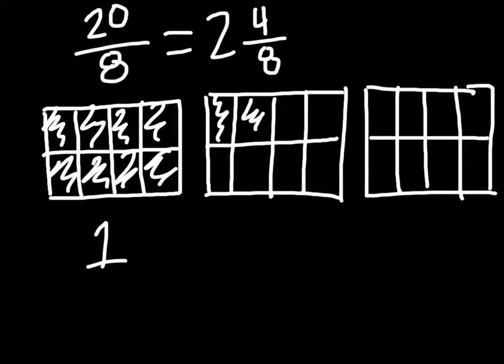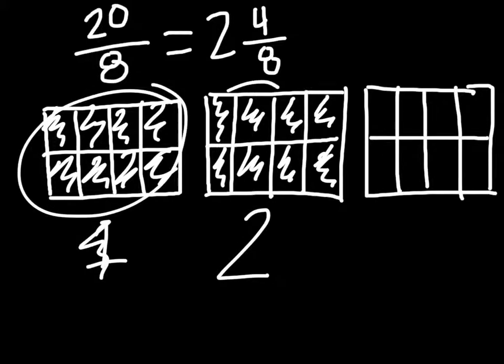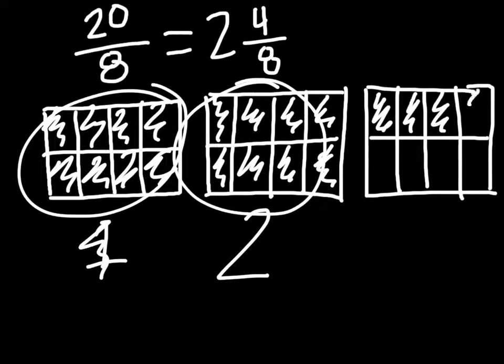9, 10, 11, 12, 13, 14, 15, 16. So that's 16/8 or 2 wholes, right? We see 1 whole, 2 whole, okay? So we're at 16. Let's keep counting. 17, 18, 19, 20.